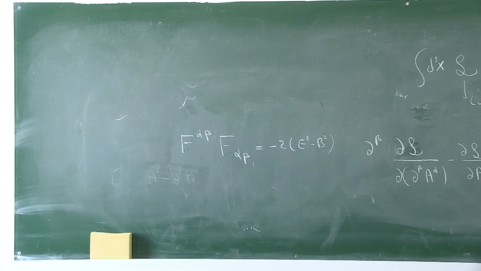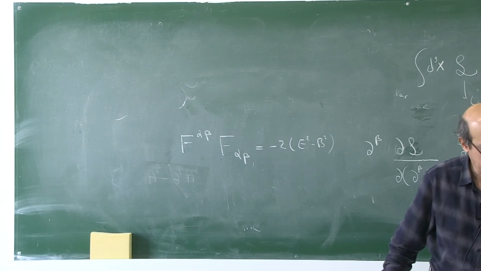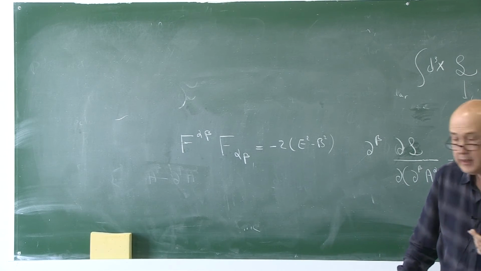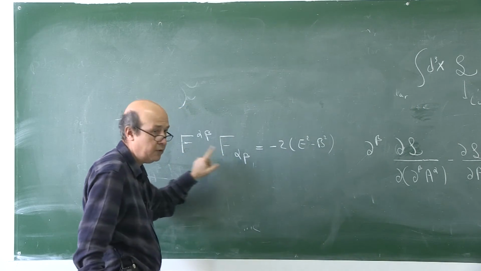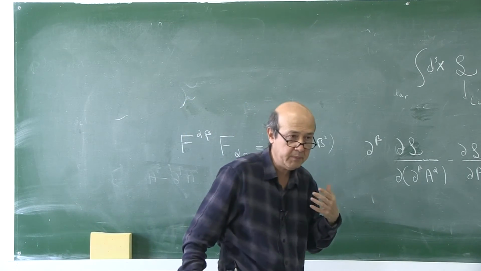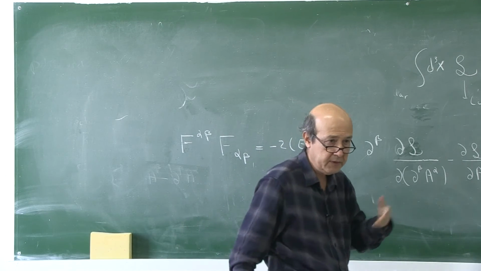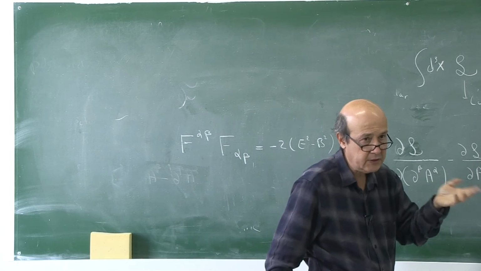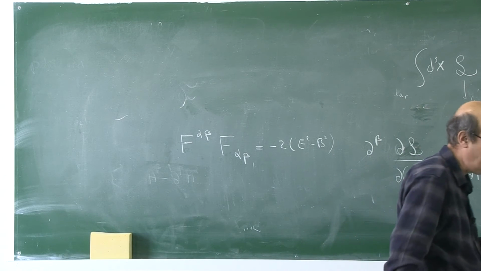Now is it affected by the gauges? Is it gauge invariant? Yes, it is gauge invariant, because the electric field and magnetic field are not affected by gauge changes. We have seen in chapter 6 that under gauge transformations, the electric and magnetic fields don't change.